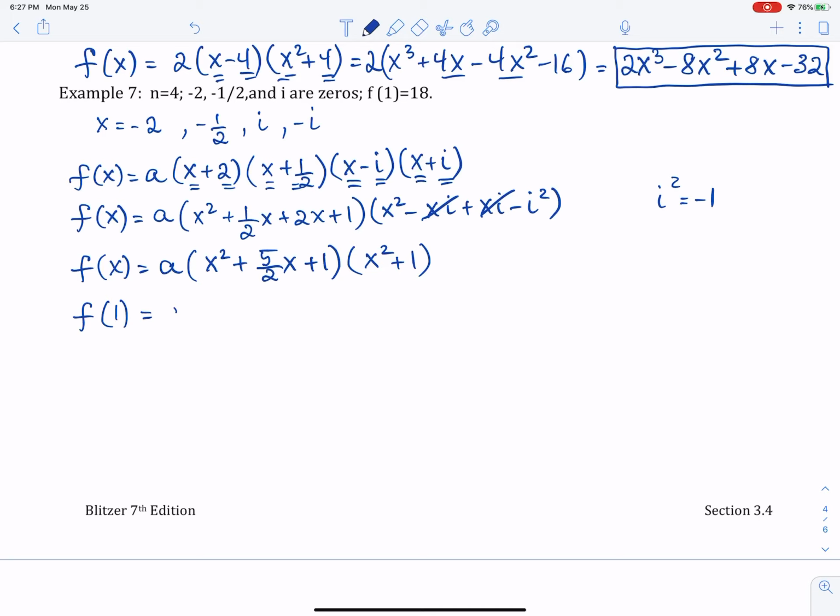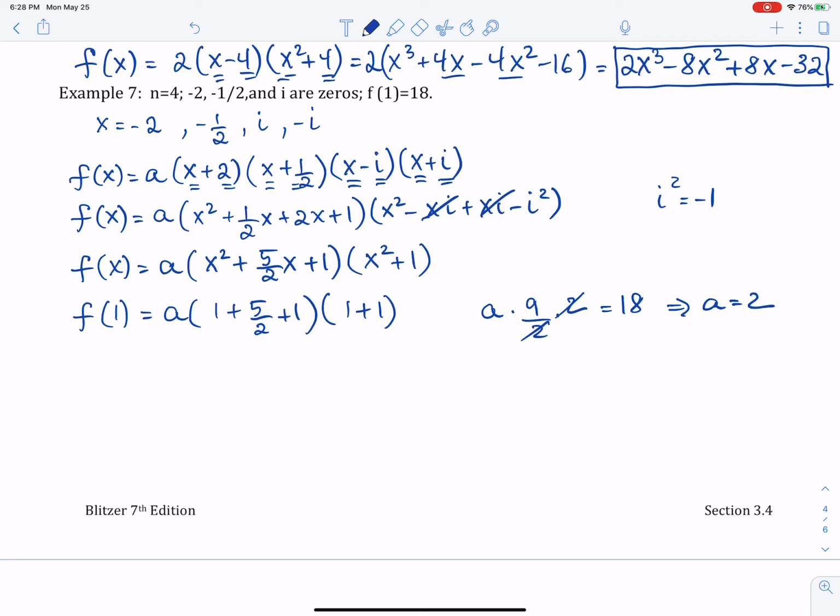Plugging in 1, we have a is equal to 1 plus 5/2 plus 1 times 1 plus 1. From here, a times, okay, so that's 5/2 plus 2 is 9/2. 9/2 times 2 needs to be equal to 18, so it looks like a is again 2.